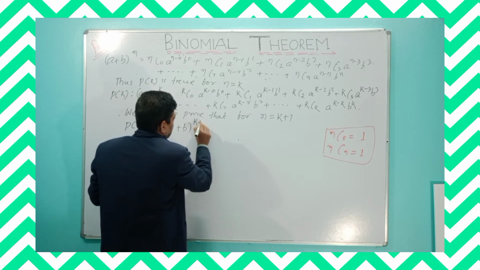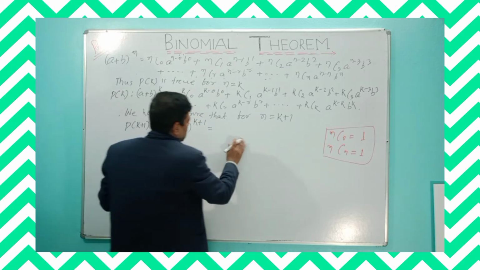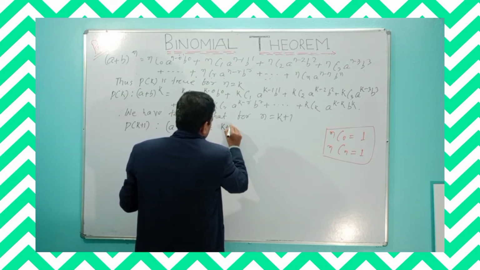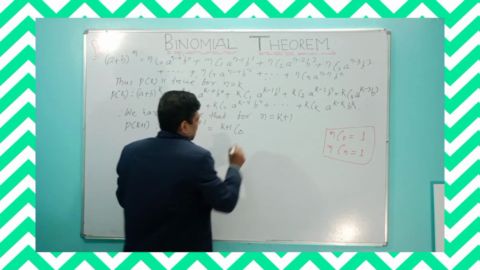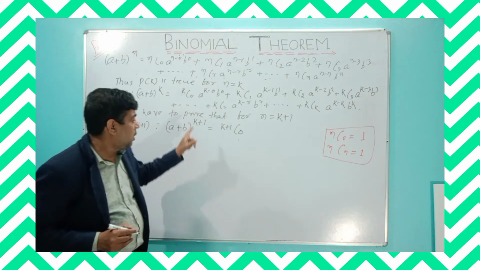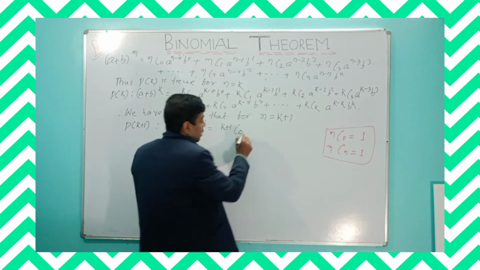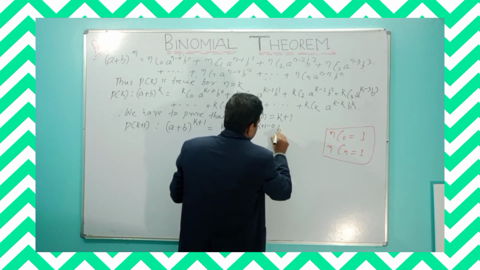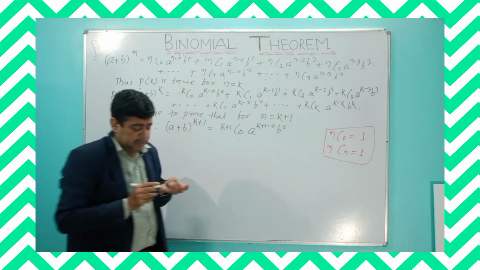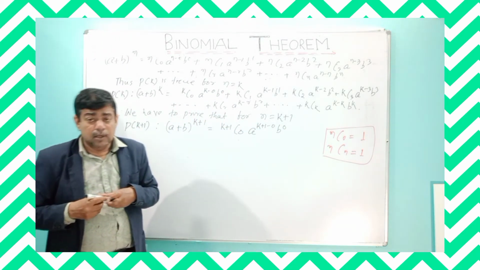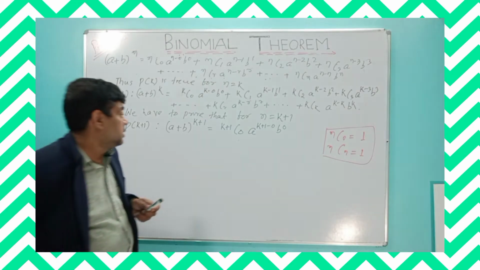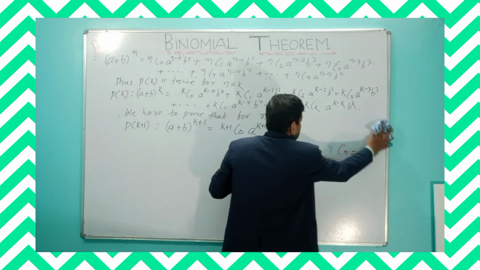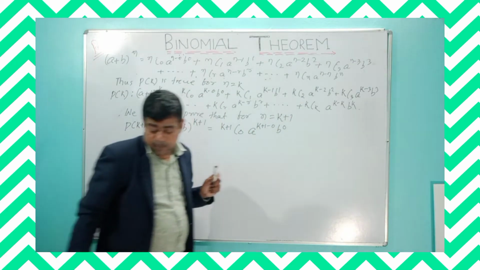k plus 1 C0, and here the power is k plus 1, which is a to the power k plus 1 minus 0, b to the power 0. Yes. Then here the power is k plus 1.